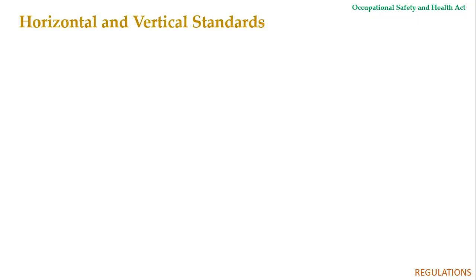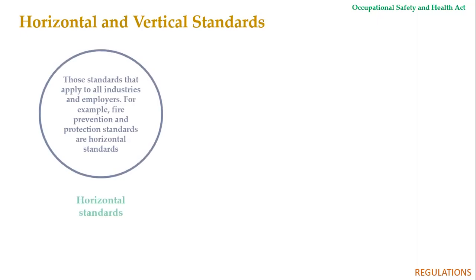Now, the standards are horizontal standards and vertical standards. Horizontal standards are those standards that apply to all industries and employers. For example, fire prevention and protection standards are horizontal standards, which are common to all the industries.